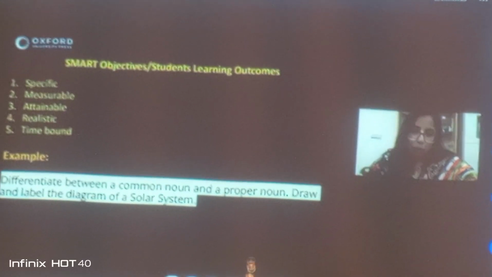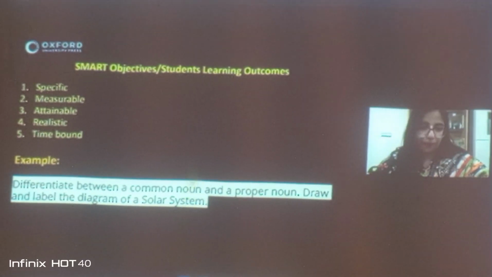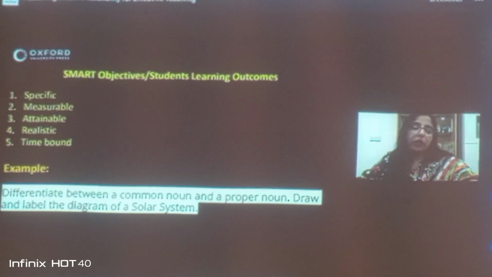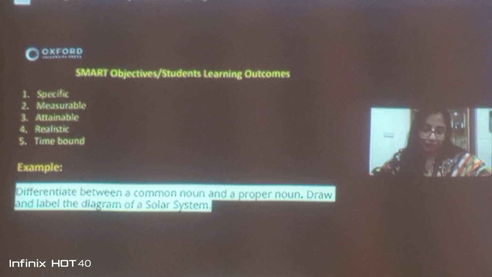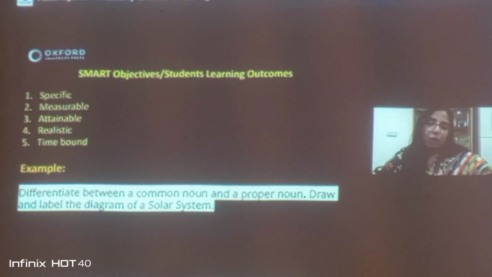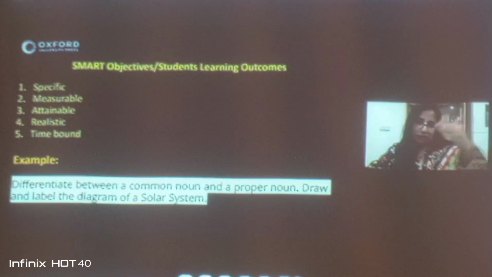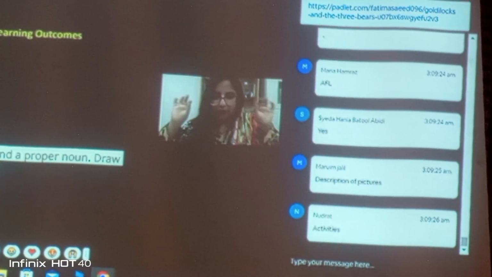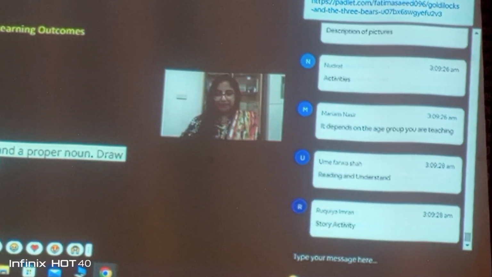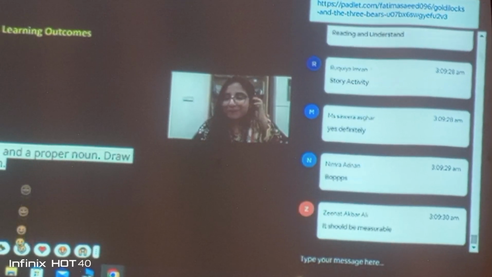What steps are you going to take to achieve the learning objective? The learning objective that you just invented in the chat box, would you be able to achieve this learning objective through certain steps? What steps will you take to achieve it? Yes, girls and boys.